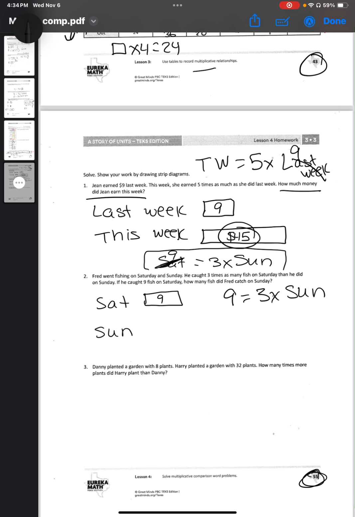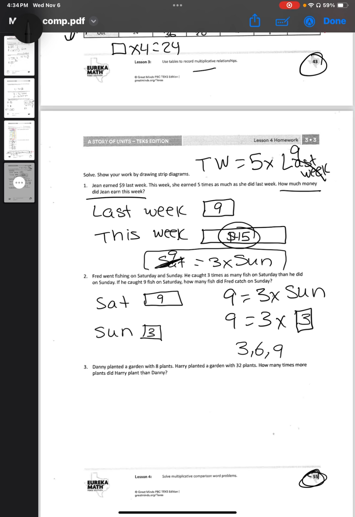Let's rewrite that here. We can replace Sunday with what I just call an unknown box. There's a number that we're not sure what goes there yet. 9 equals 3 times something. Well, how many 3's do we need to get to 9? 3, 6, 9. We need 3 of them. Therefore, on Sunday, he must have caught 3 fish.